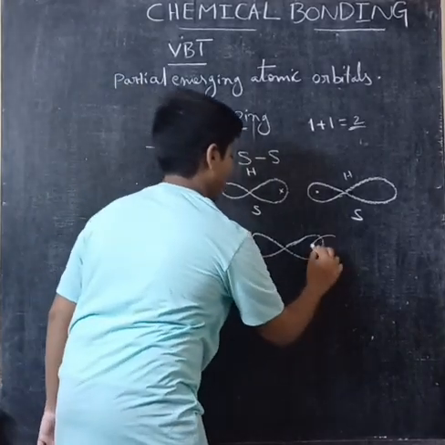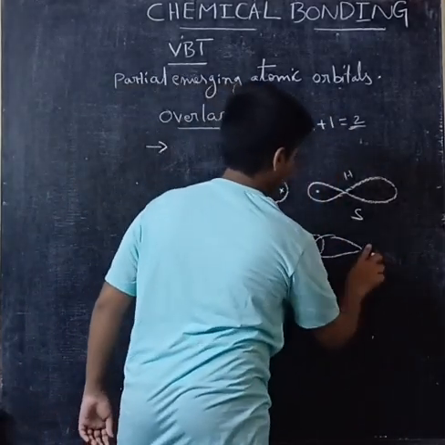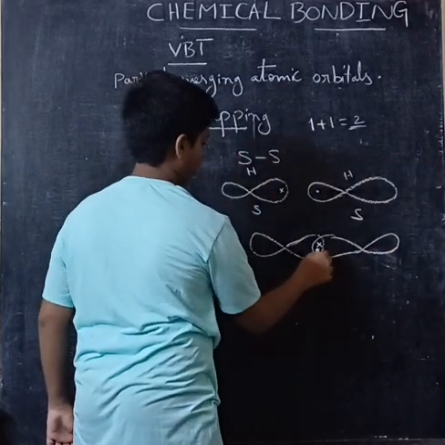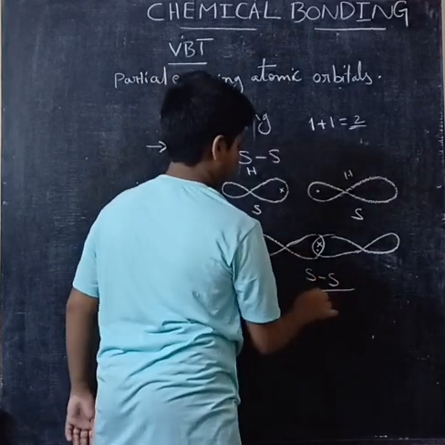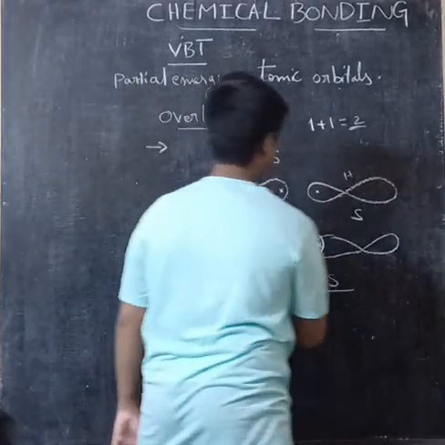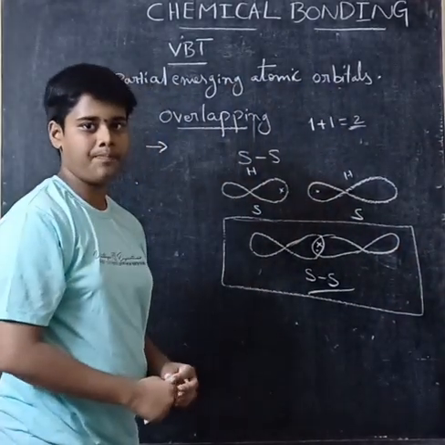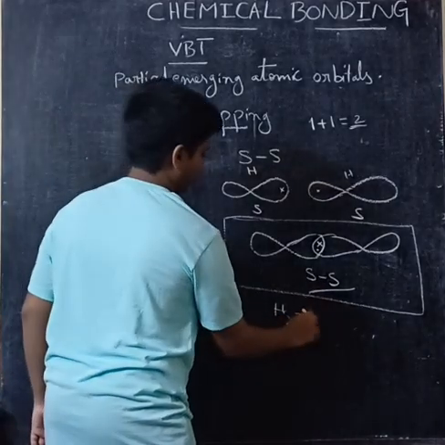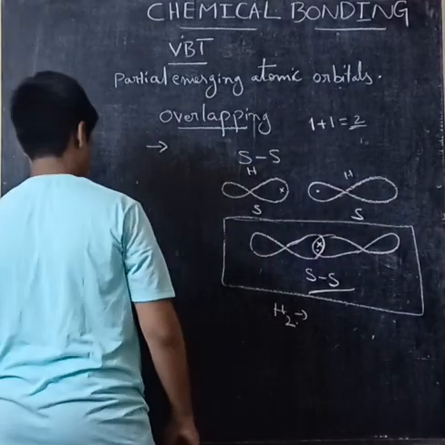For becoming stable like this, the orbitals can be overlapped, one electron and this is another electron. And this overlapping is known as SS overlap. Okay, for becoming stable, hydrogen takes SS overlap, and thus hydrogen becomes H2, and this is stable. So this is the overlapping.